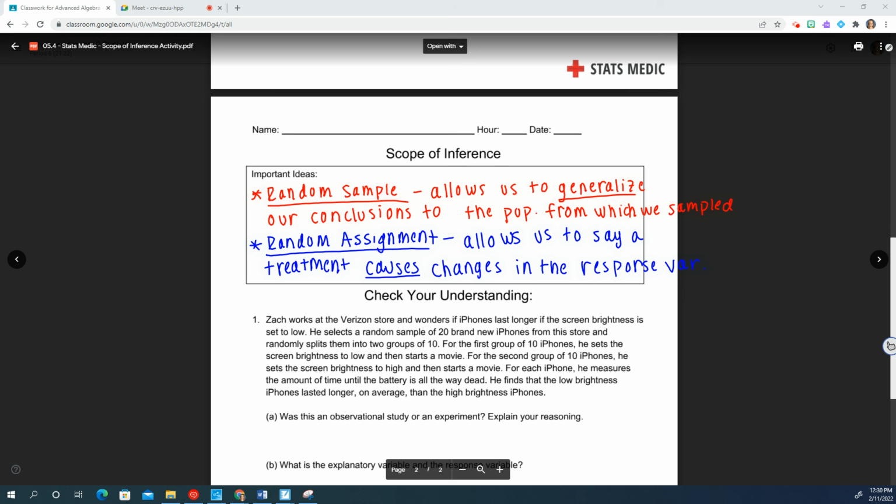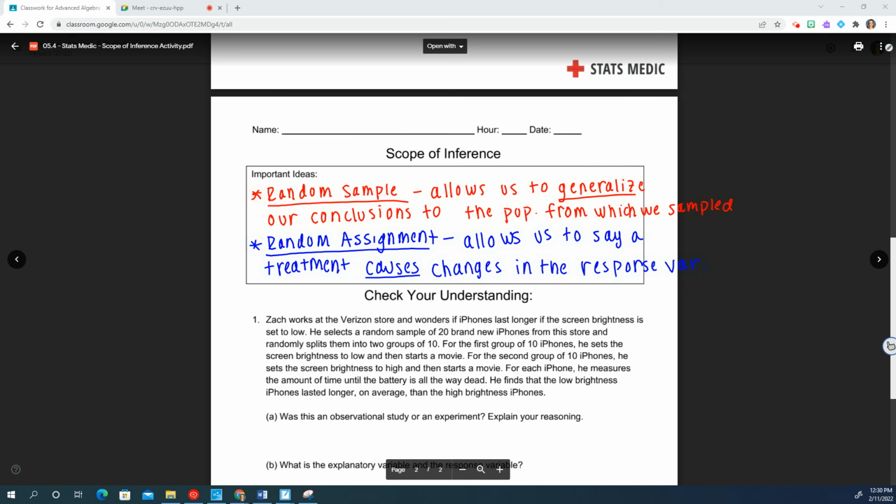For the second group of 10 iPhones, he sets the screen brightness to high and then starts a movie. For each iPhone, he measures the amount of time until the battery is all the way dead. He finds that the low brightness iPhones lasted longer on average than the high brightness iPhones. Isn't that coincidence?